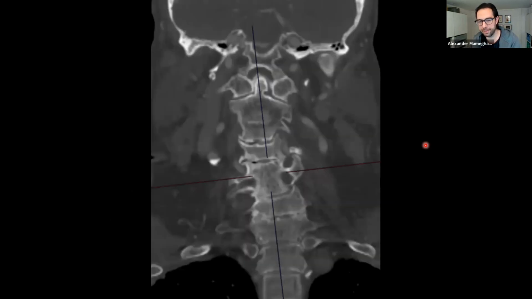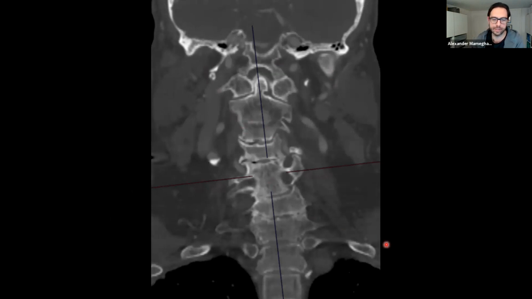So this is the CT scan. It's an angio CT because it was a stroke protocol, and I was happy about this to see the vertebral artery. And in this coronal view, you see there's a scoliosis, there is a fusion or ankylosis. No, it's a fusion C2-3. There's no disc space here.